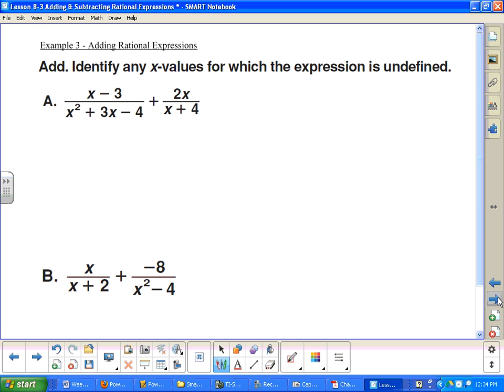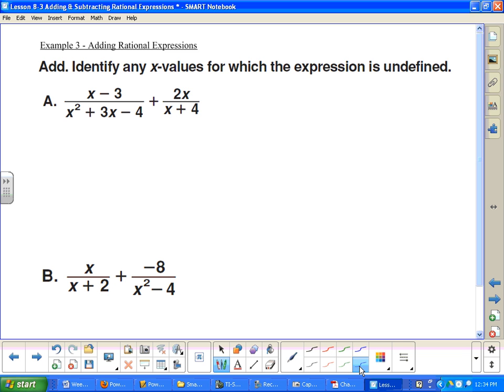So the first thing to do when you have unlike denominators is look at your denominators and see if either one or both of them can be factored, because when we do common denominators, we want to look at whether I can factor them or not.